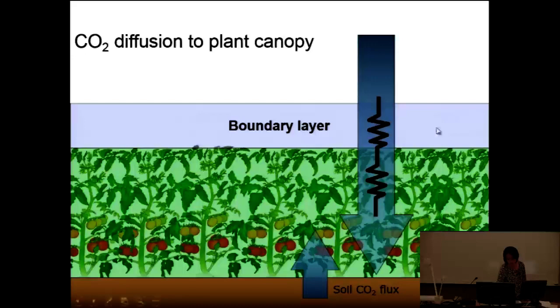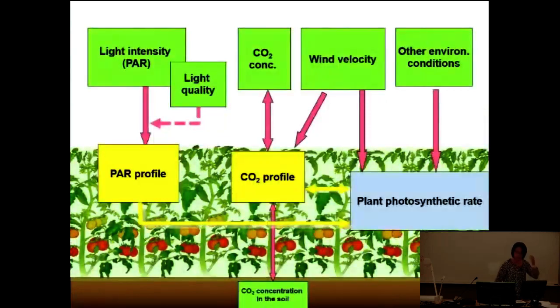So the CO2 diffusion is shown in here both ways. Okay, so this diagram is showing all the relationships we learned in the context of canopy. The light intensity, CO2, wind velocity, and maybe other environmental conditions, but those are the major ones, and then light quality.